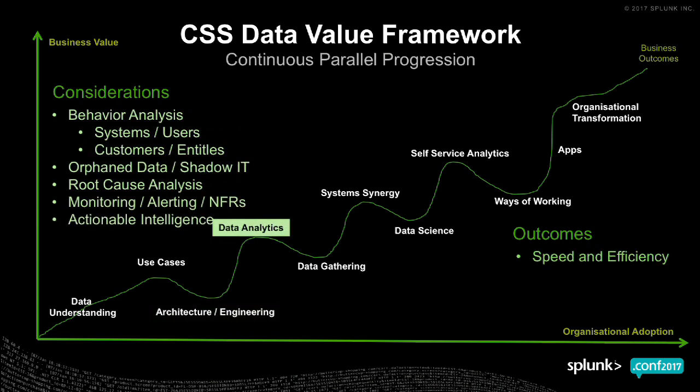But then data analytics. Now I'm calling out data analytics as something that's different to data science. So for data analytics, I might want to have a look at the behaviors of my systems, my users, my entities. An entity could be a phone, it could be a network device, it could be anything. But I want to have a look at orphan data.